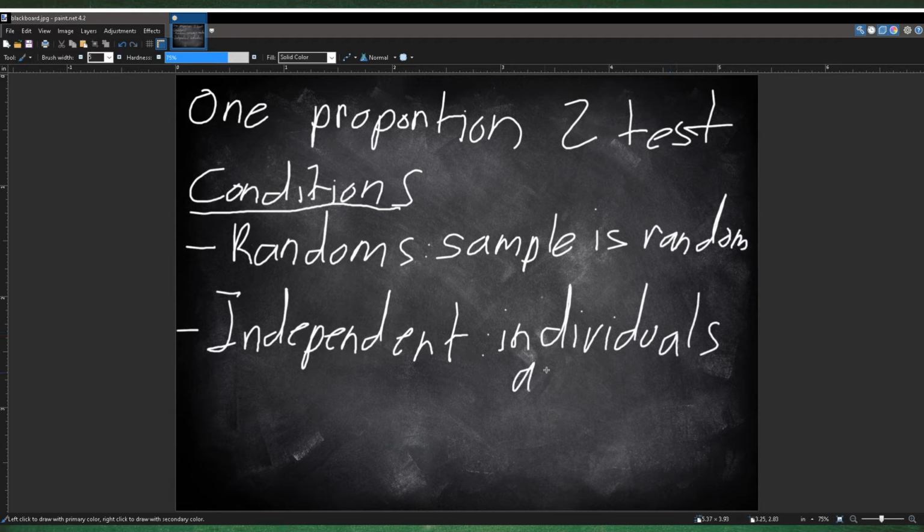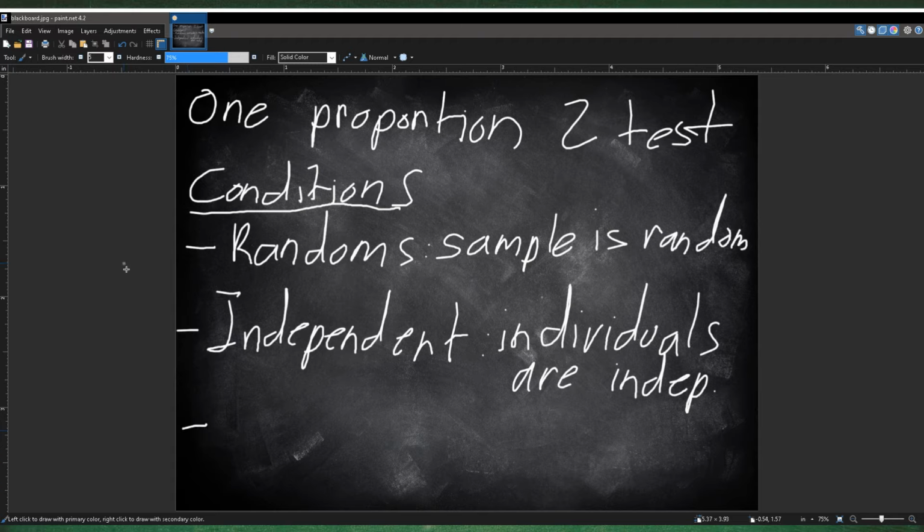I'm not gonna write the entire thing, but basically, it states that just because one person chose one option doesn't mean the next person is gonna have a higher or lower chance of choosing that option again. If you choose red, just because you choose red doesn't mean your friend will choose red. So that's basically independence. Each person is not affected by each other.